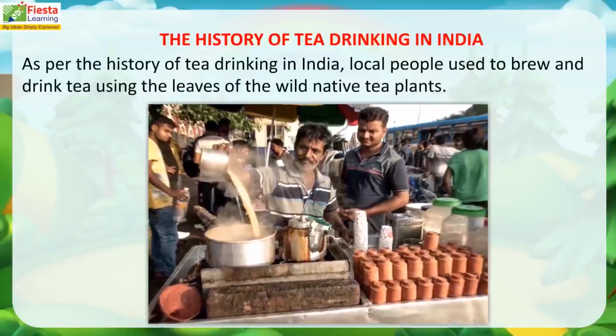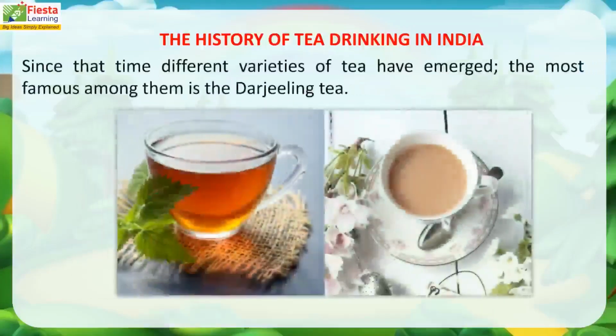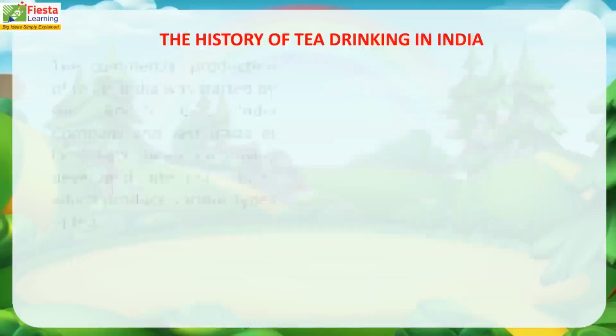As per the history of tea drinking in India, local people used to brew and drink tea using the leaves of the wild native tea plant. Since that time, different varieties of tea have emerged. The most famous among them is the Darjeeling tea.